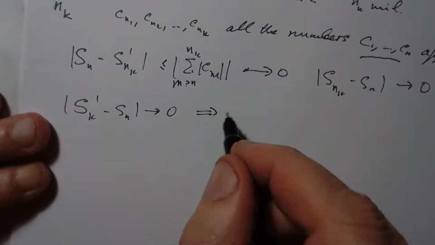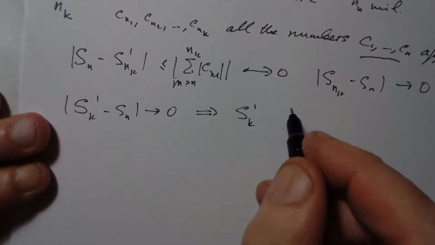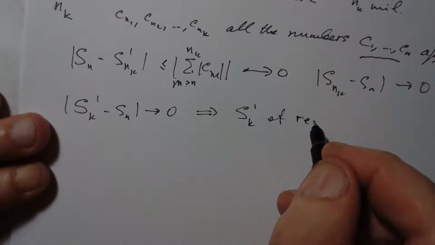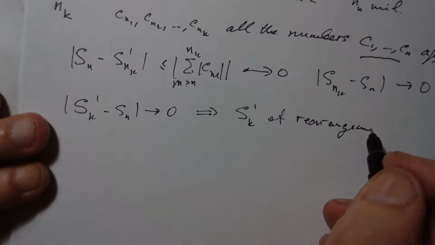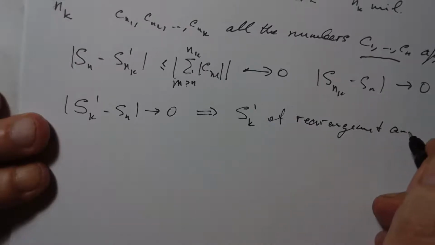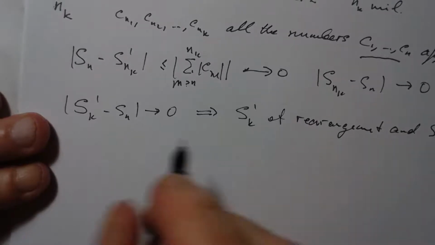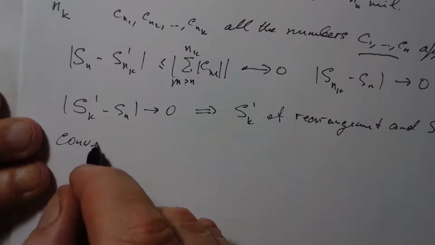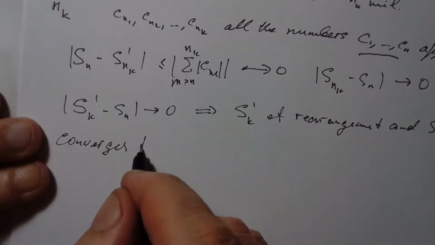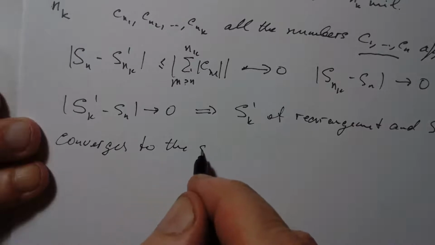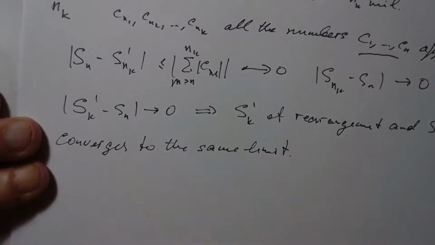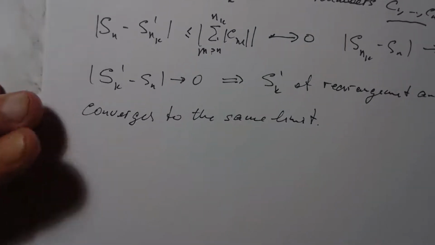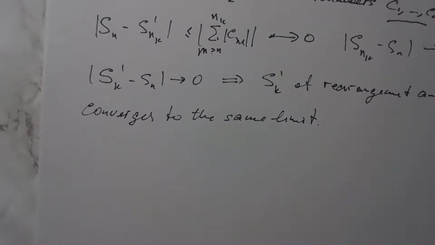And what that means is that the partial sum S_k prime of the rearrangement and S_n converge to the same limit. Right? Which basically concludes the proof of this theorem.